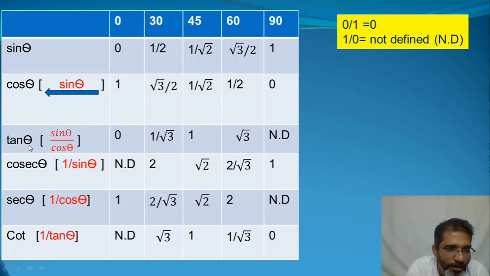Now the next is the value of tan. We all know tan is nothing but sine theta upon cos theta. So what we are doing is we are finding the ratio of sine and cos, means sine upon cos.